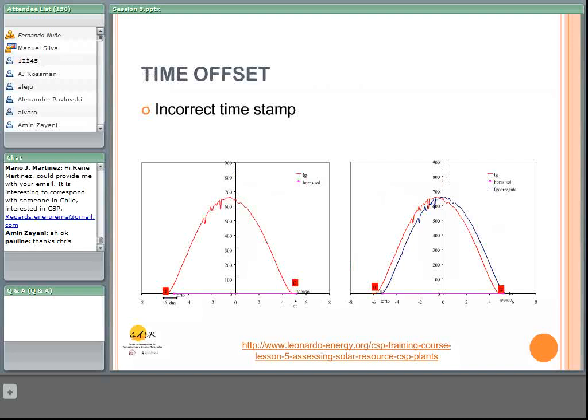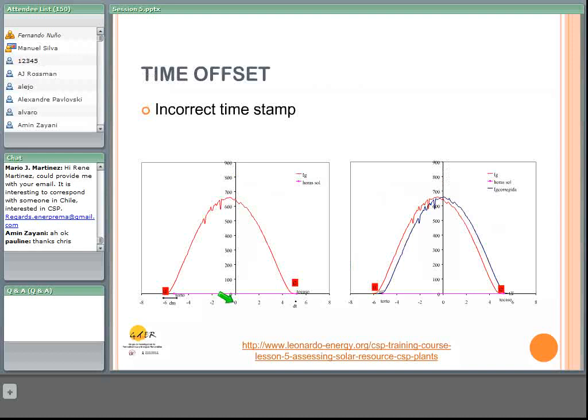For example, in this case, we can see that the clock of the meteo station is misadjusted, and as a consequence, the maximum value is achieved before solar noon.